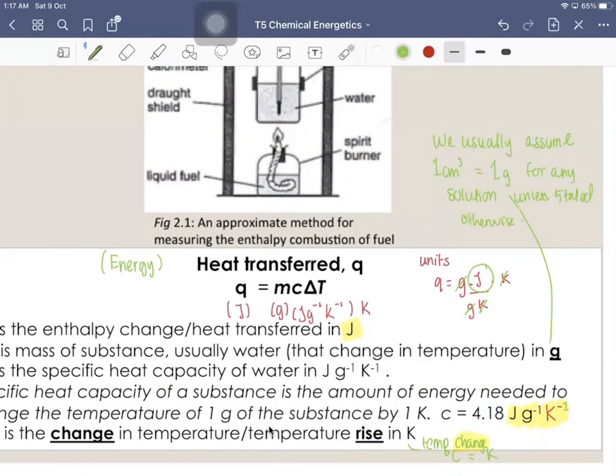So we're taking the density to be 1 gram per centimeter cube. So we just convert the volume to grams, as in a 1-to-1 ratio.